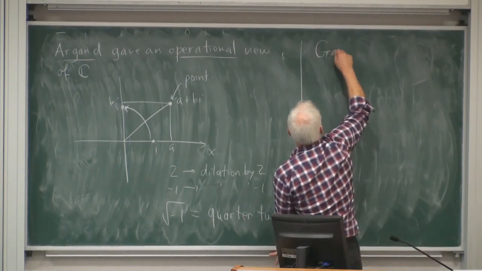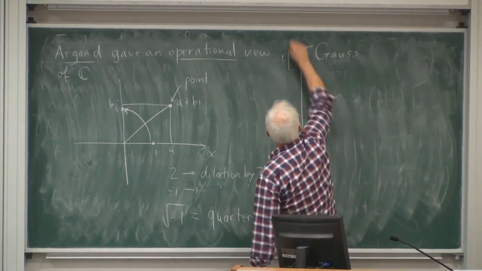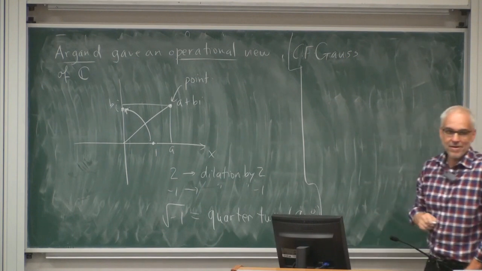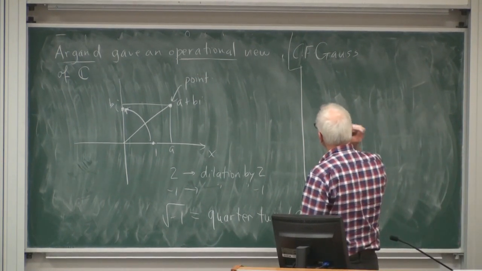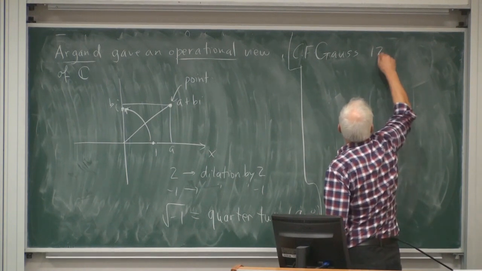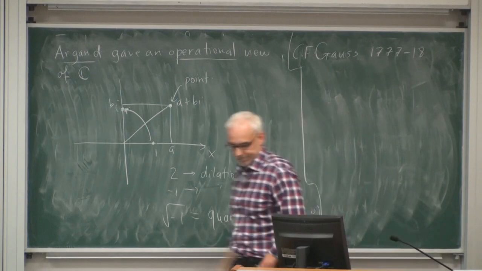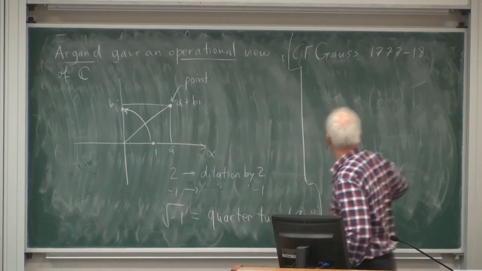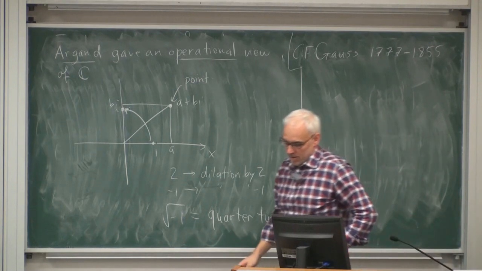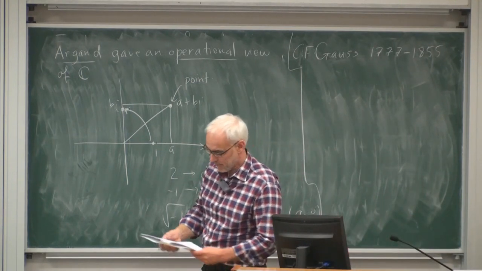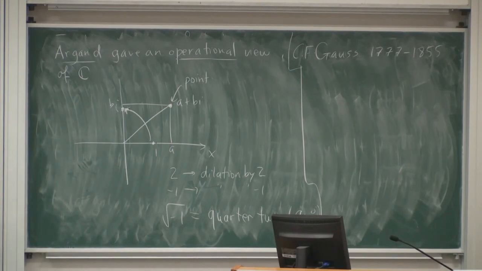So Gauss, Carl Friedrich, the towering mathematician of the 19th century. So 1777 to 1855. He adopted this kind of point of view.